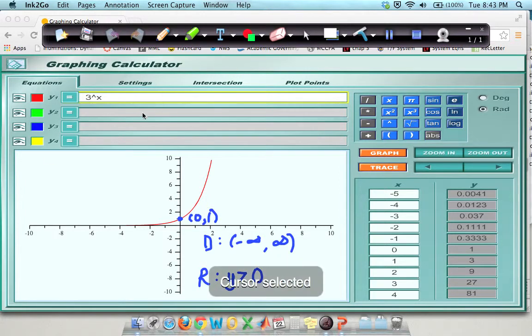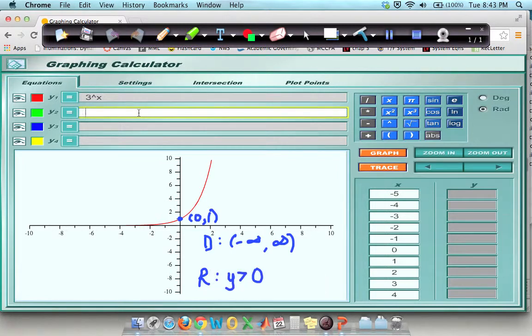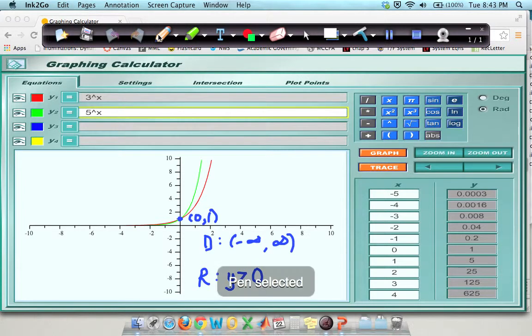Okay, so now let's graph 5 raised to the x power. And that's in green. What I want you to notice is it still goes through the point (0, 1), and it still has the same domain and range. The difference here for the 5 to the x is that it's just a little steeper.